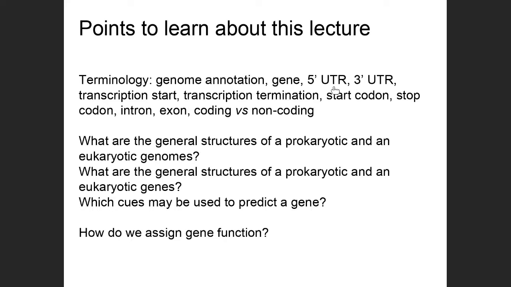Dr. T, just tell me what UTR stands for. So this is the untranslated region. That is not for transcription, it's for translation. Transcription is a process where DNA is being read by an RNA polymerase and transcribed to mRNA.